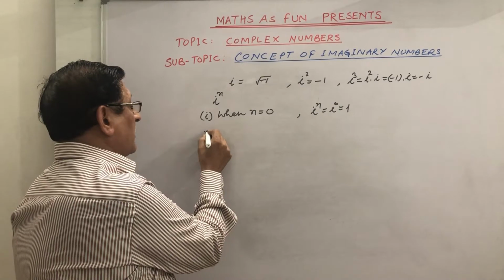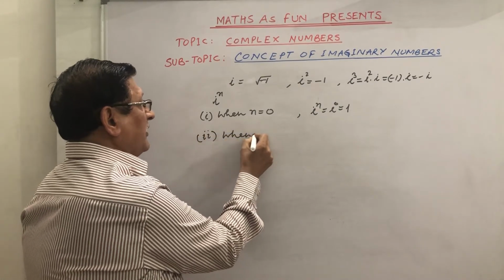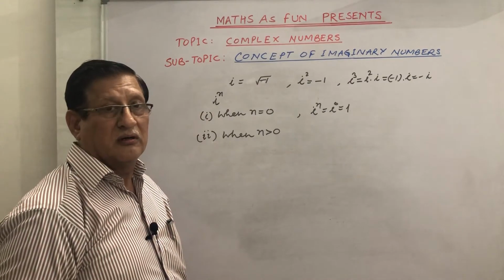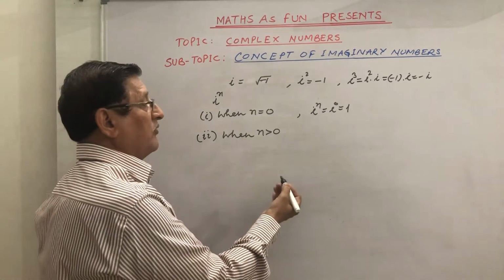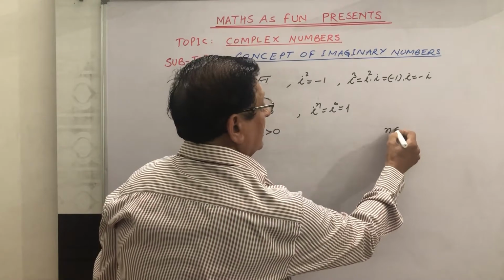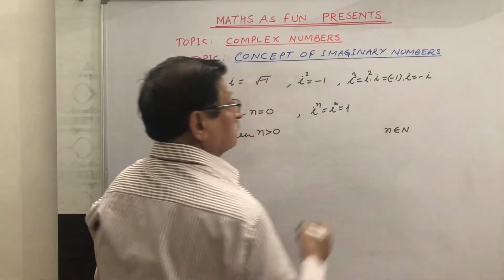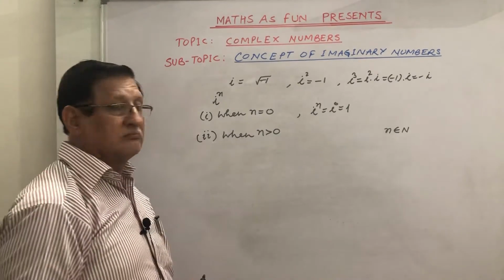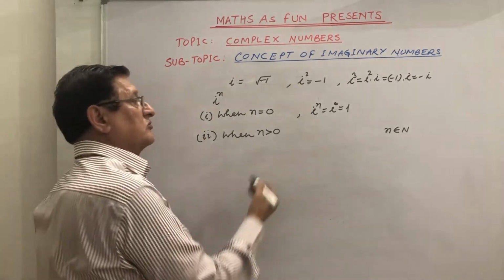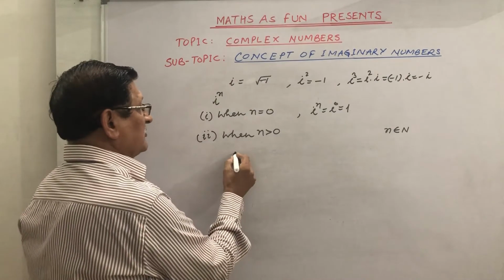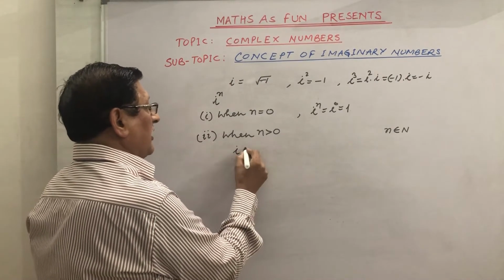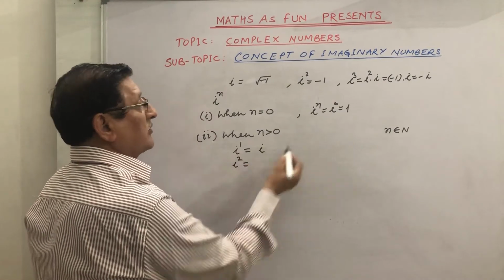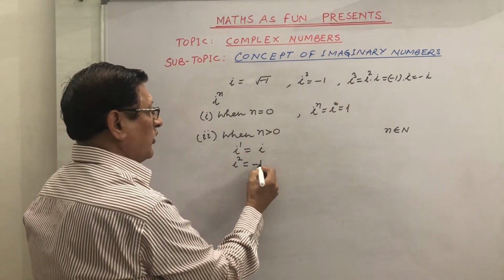Number 2, we can have when n is greater than 0, that is a positive number, and it is an integral power. We have to write that n is a natural number. What we have in this case, as I told you, is that iota to the power 1 is iota. Iota square can be written as minus 1.